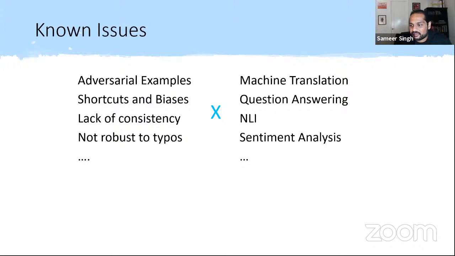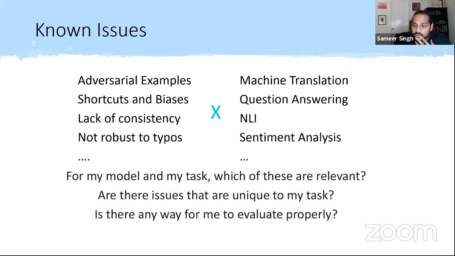But looking at it from a point of view of someone who has a new model, this doesn't really help. Right? If somebody is asking the question for my model and for my task, which of these issues are actually relevant? It's not clear how to answer that because there are all these separate data sets that have been created.